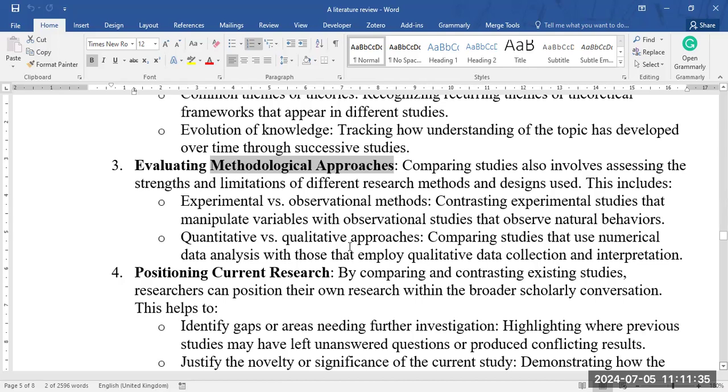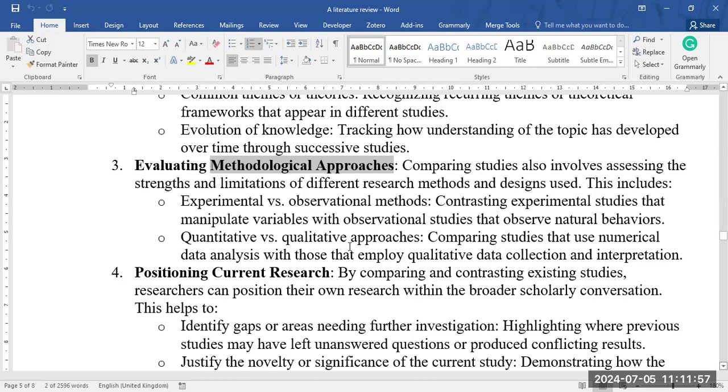Comparing studies also involves assessing the strength and limitations of the different research methods and designs used, because sometimes previous researchers may use some methodology.